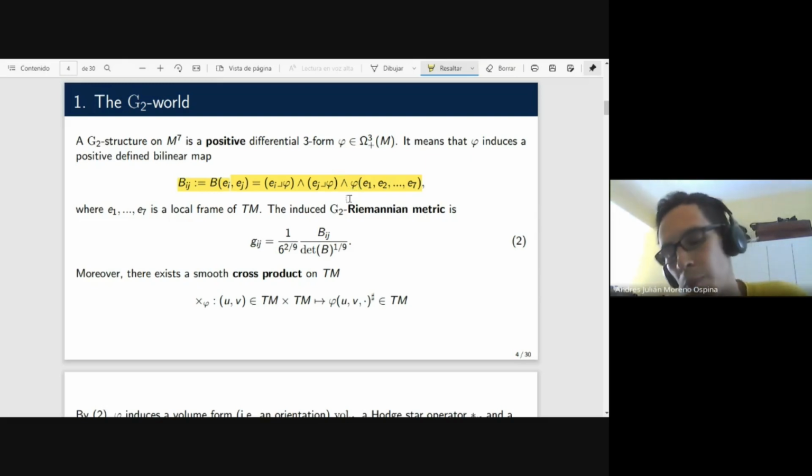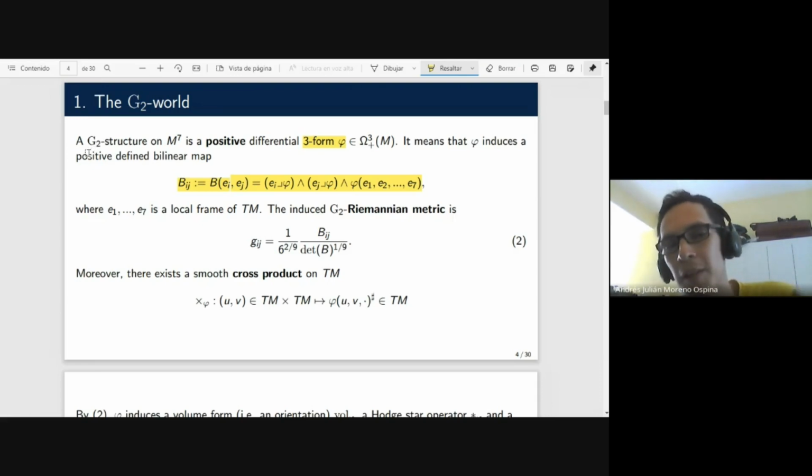For our purposes this is the better definition, but there are many definitions of G2 structures. One of them is that it's a 3-form which is invariant under the action of the Lie group G2.